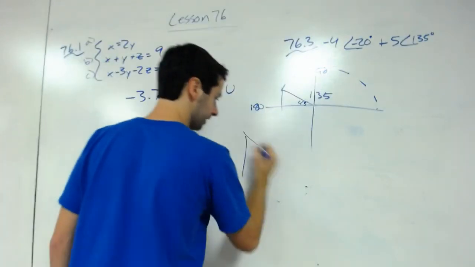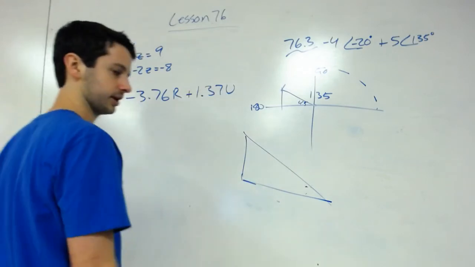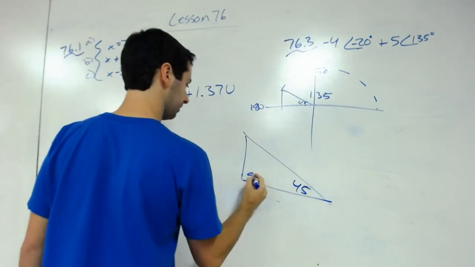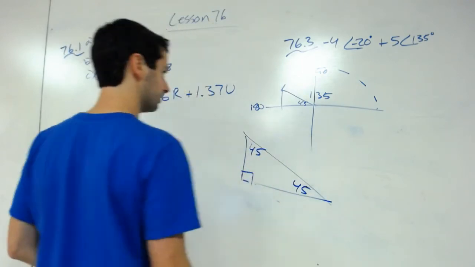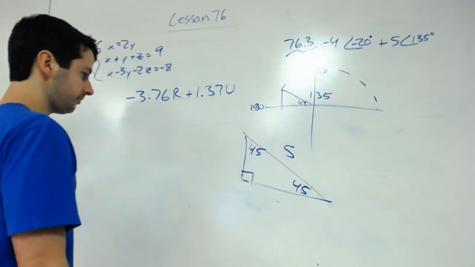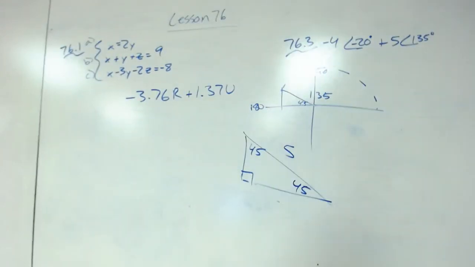Yes, I am going fast, but if you need to relearn how to do these, it's in a different lesson. We have a 45-45-90 triangle with the hypotenuse as 5. That's convenient because all we have to do is divide by radical 2, if you know 45-45-90 triangles. If you don't, you can use sine, cosine, tangent.